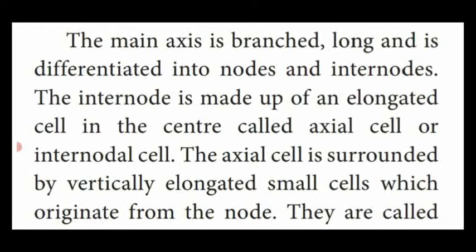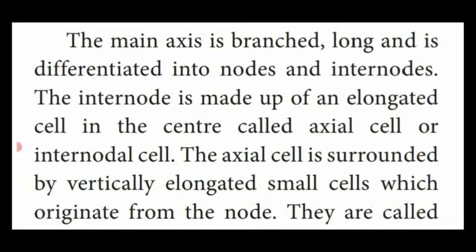We already told you with the help of the diagram. We have seen the sex organs. Sex organs are produced in the nodal region. Male sex organ at the bottom. At the top they are having the female sex organ. So the main axis having number of branches differentiated into nodes and internodal region.